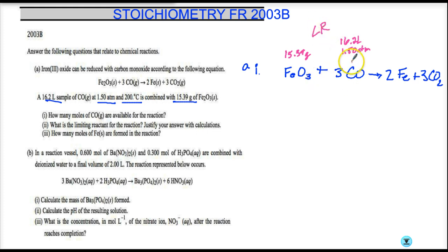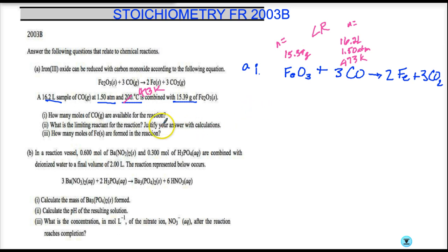And 200 degrees Celsius is 473 K. I can take this information and go to moles. I know I have to do that, and I'm going to have to get this in moles as well.